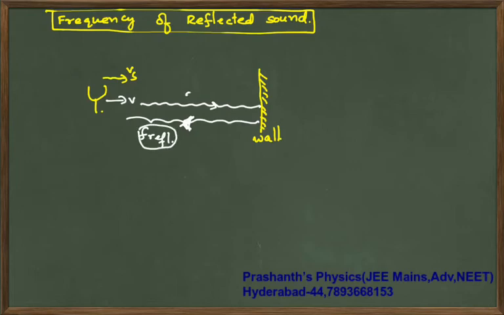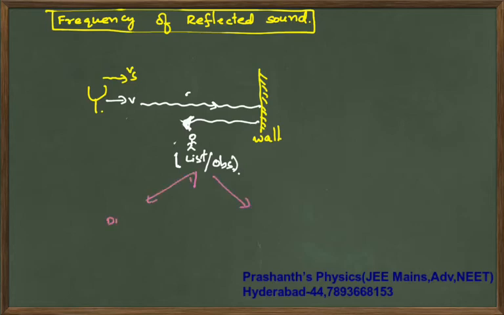If the observer is somewhere here, whatever frequency he receives is your reflected frequency. There will be two frequencies here; this listener will receive two frequencies.